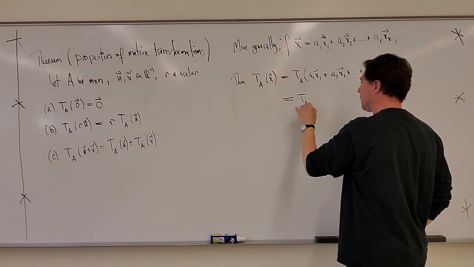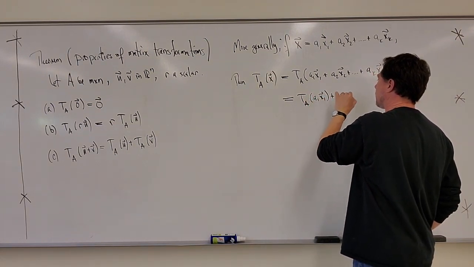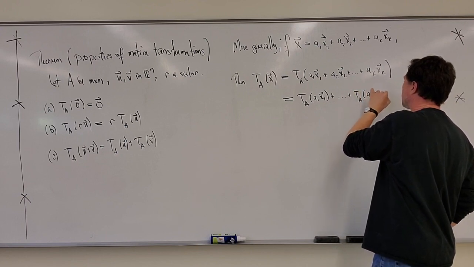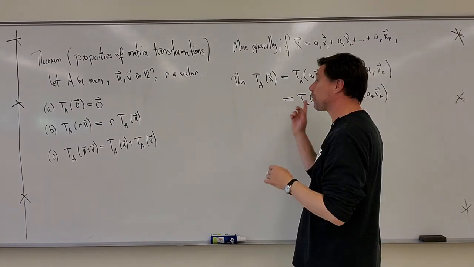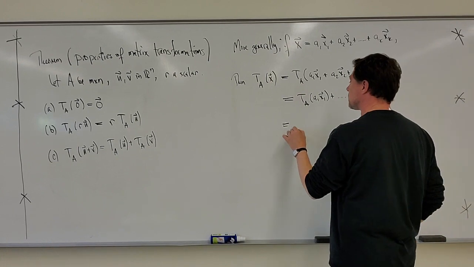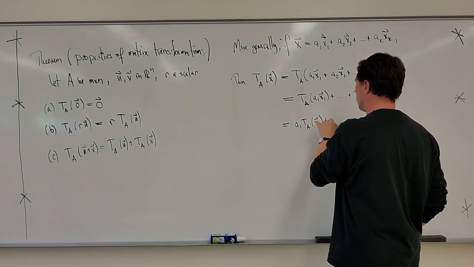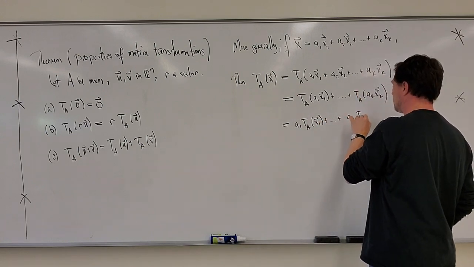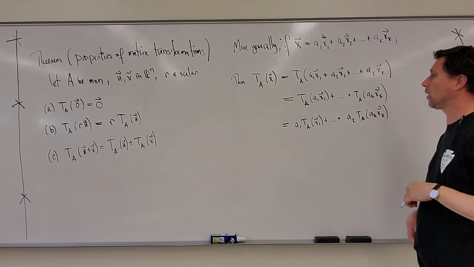T sub A of a1x1 plus dot dot dot plus T sub A of a sub k x sub k. All right, so there's the first step. And then what does property B tell us? It tells us we can pull out each of these constants. So this is equal to a1 T sub A of x1 plus dot dot dot plus a sub k T sub A of x sub k. Right, so there's the steps.